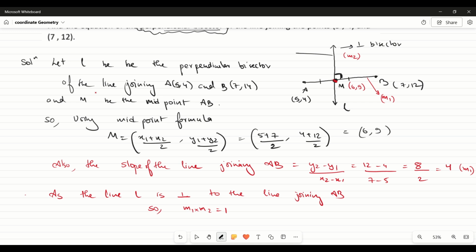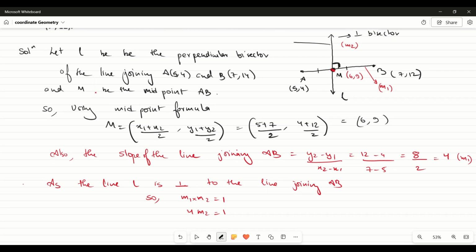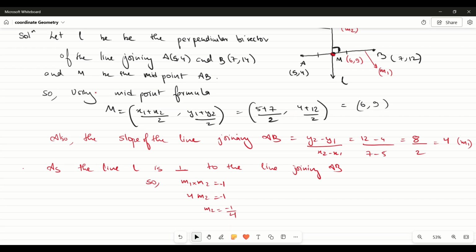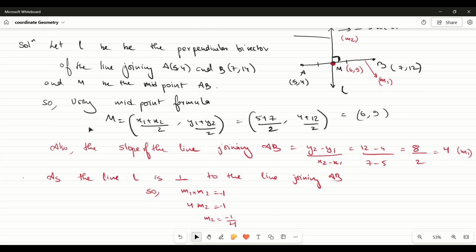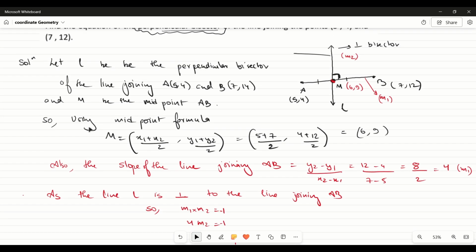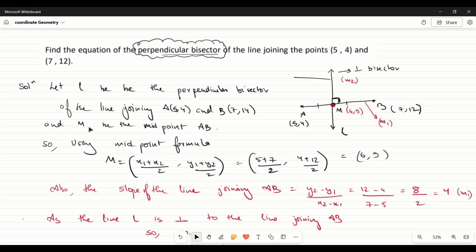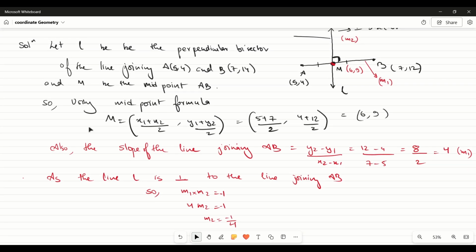So it will be 4 m2 equals -1, my bad, minus 1. So it will be m2 equals -1 by 4. That's the slope of the required line, the slope of the perpendicular bisector.